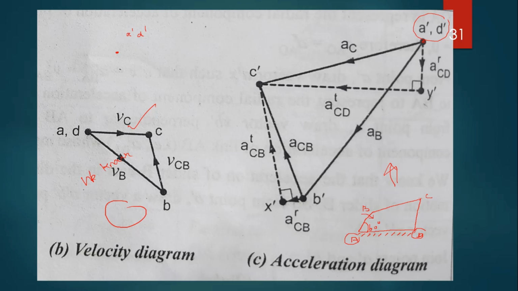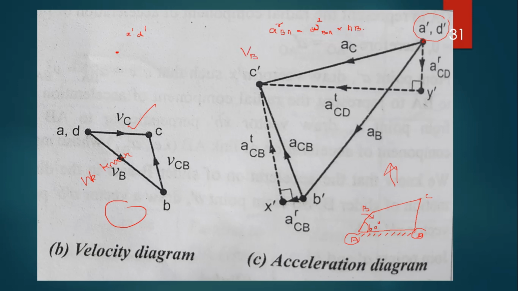What is the acceleration of the radial component? What is the formula? Acceleration of the radial component of link BA is equal to omega squared BA into the length of the corresponding link. So, we have to alter this formula.